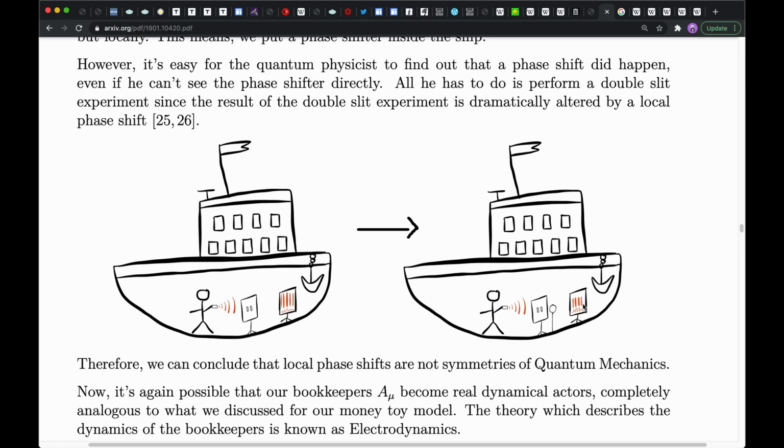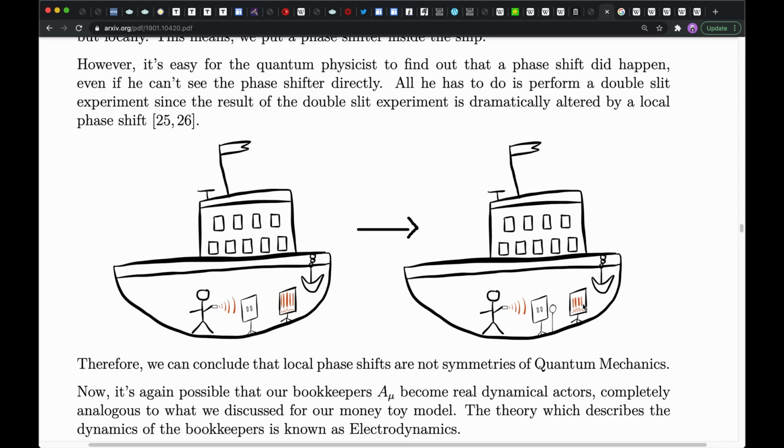So it's kind of not a real symmetry because we can just compensate. Yeah, so I'm not sure that I'm understanding that right here, but I think it is a right direction.